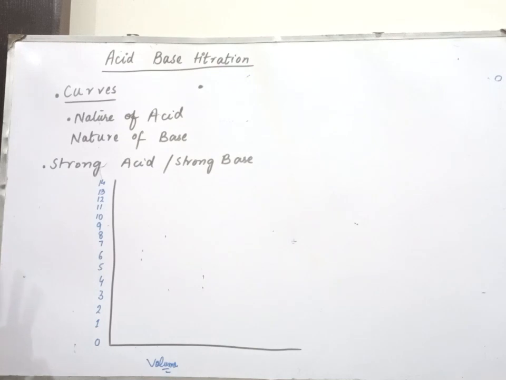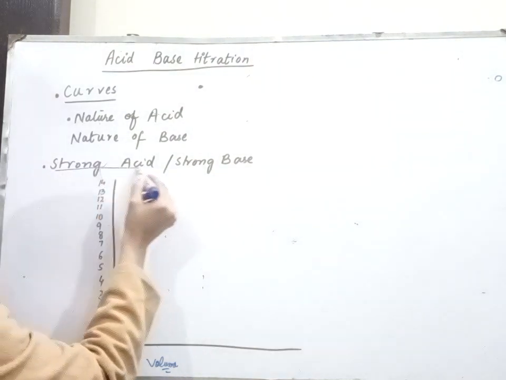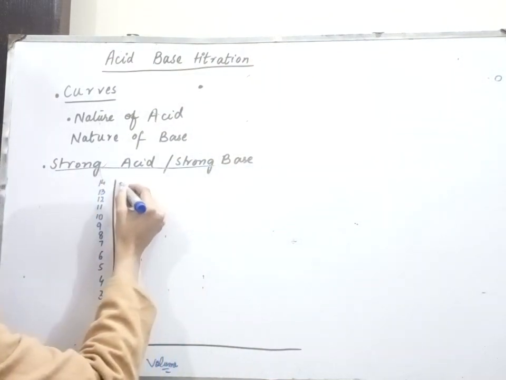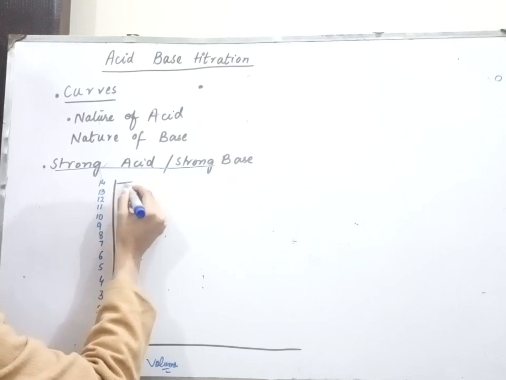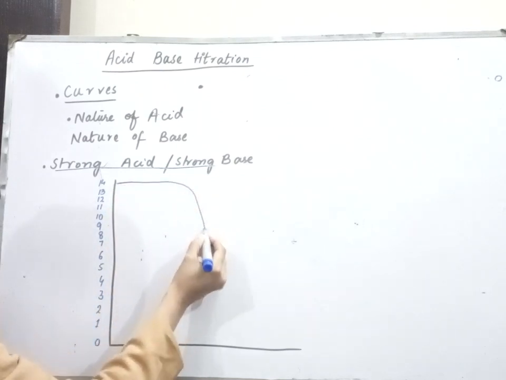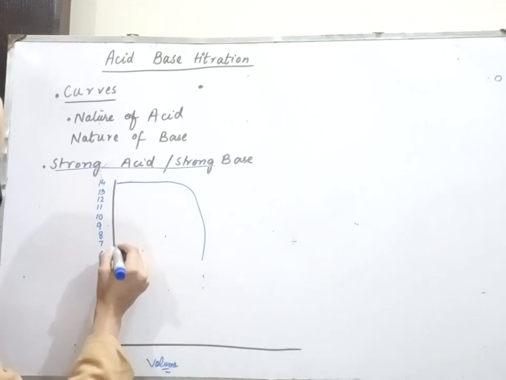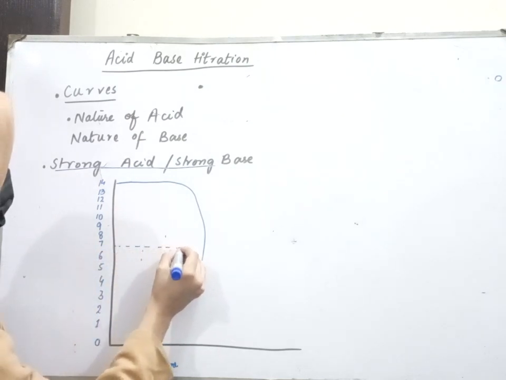If I am taking strong acid and strong base, the pH of the strong base starts from 14, and here will be the equivalence point.